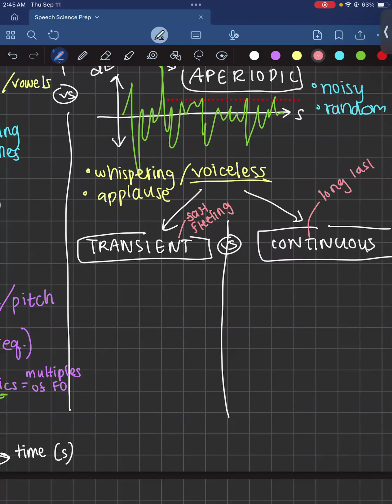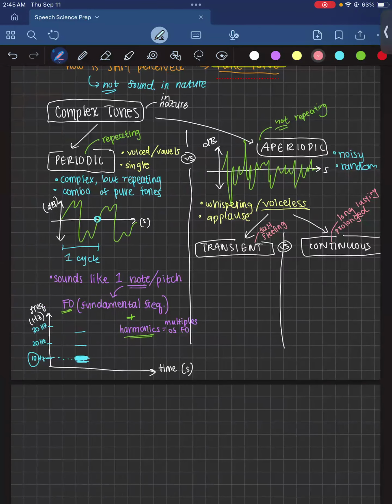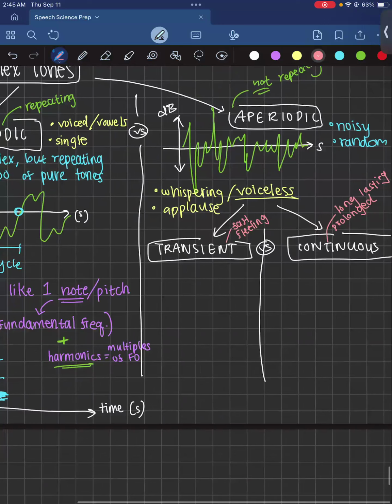It means something is long lasting. It means that it's prolonged. And the reason that I am making you break down these words before we go into it is so that it actually helps you remember it better. So if you remember the definition of transient, then that will help you remember what the concept is.